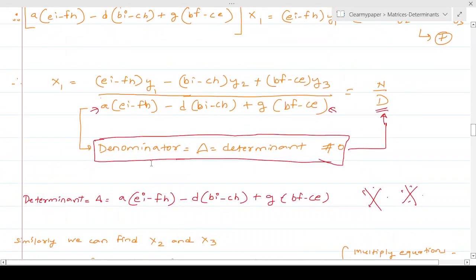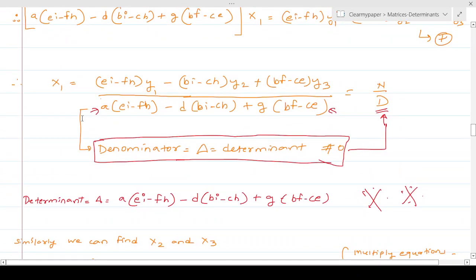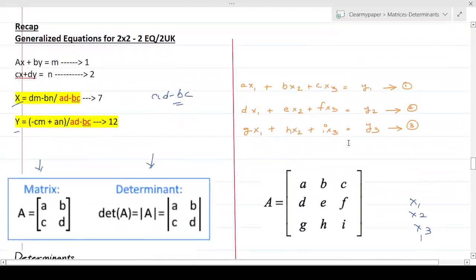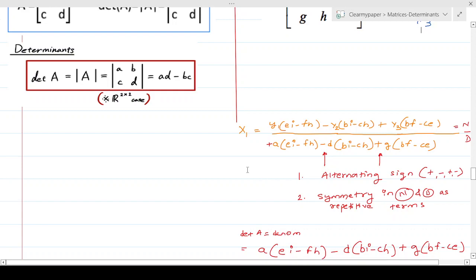So I'm going to copy and borrow all the values that we derived for x1, x2, and x3 in this video also, so that it helps. And this is where I've copied it. In case you are not sure where this has come from, please check out my previous video.